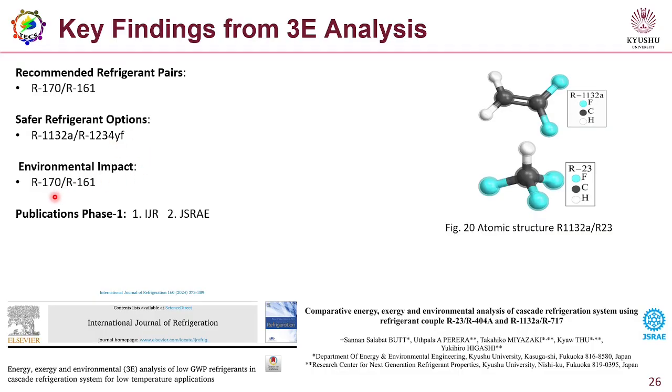For the environmental impact, R170 and 161 has the least environmental impact, and we can see it has 40% reduction in CO2 emission. So in this phase, I had two publications, one in the IJR, International Journal of Refrigeration, and one in a conference. So this was the first phase of my research.